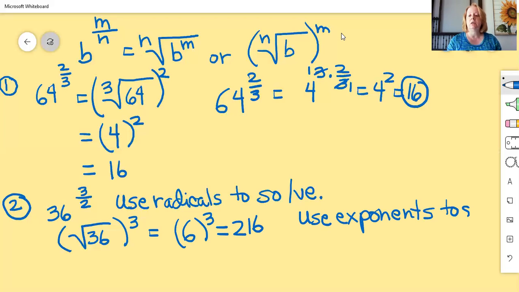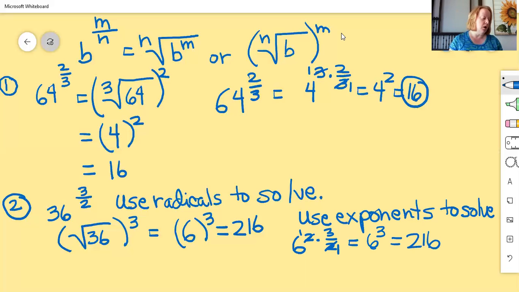Okay, so that means I'm going to start off writing it as 6 squared, and then it's going to be times 3 over 2. So now I can cancel these. I get 6 to the third, and then I just work it out, and it's 216. So again, really watch the directions, make sure that you're going to use the right form.